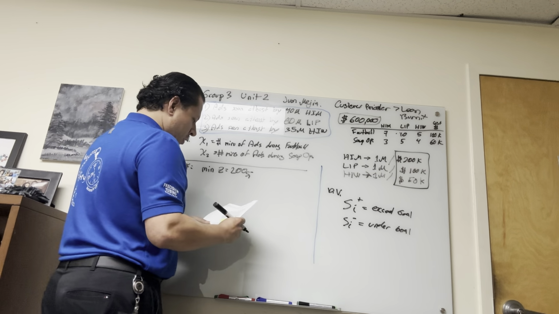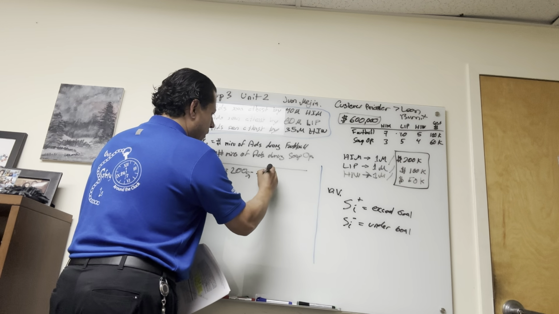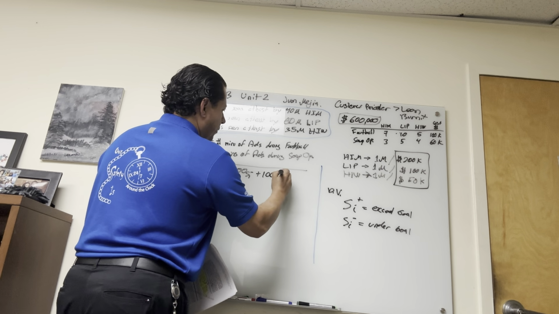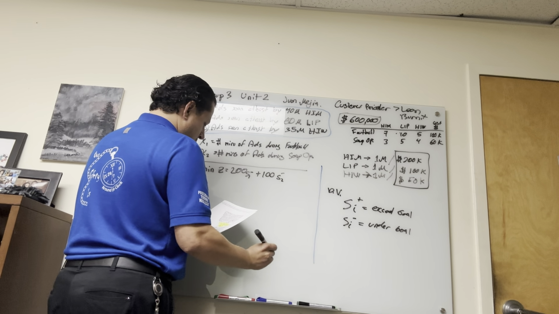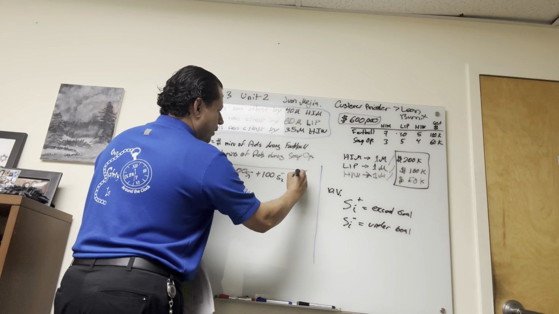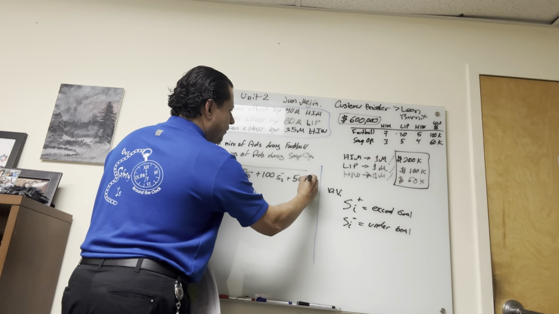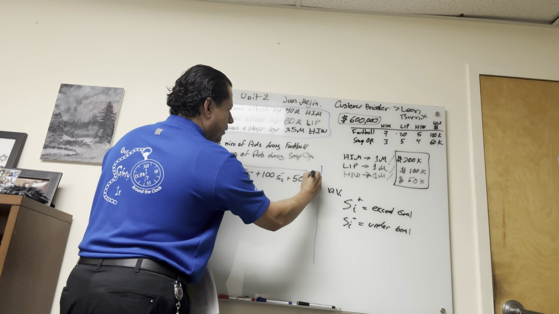And then we're going to add the 100 S2, and the 50 opportunity cost for S3, right?